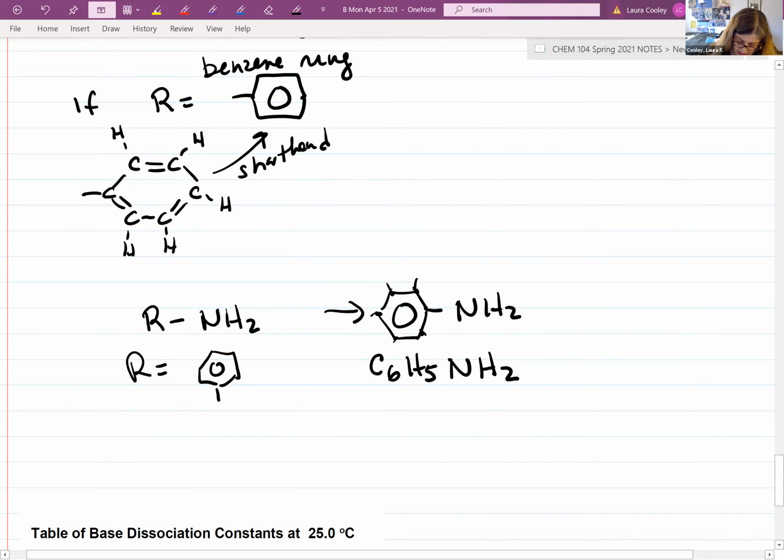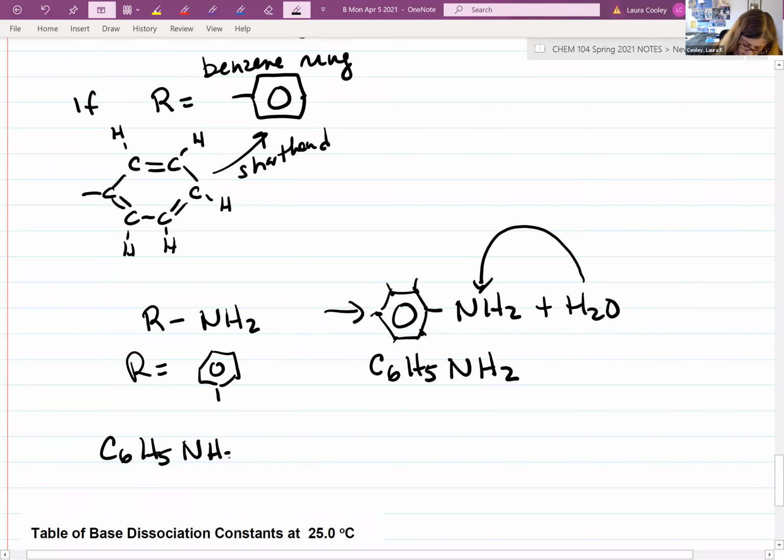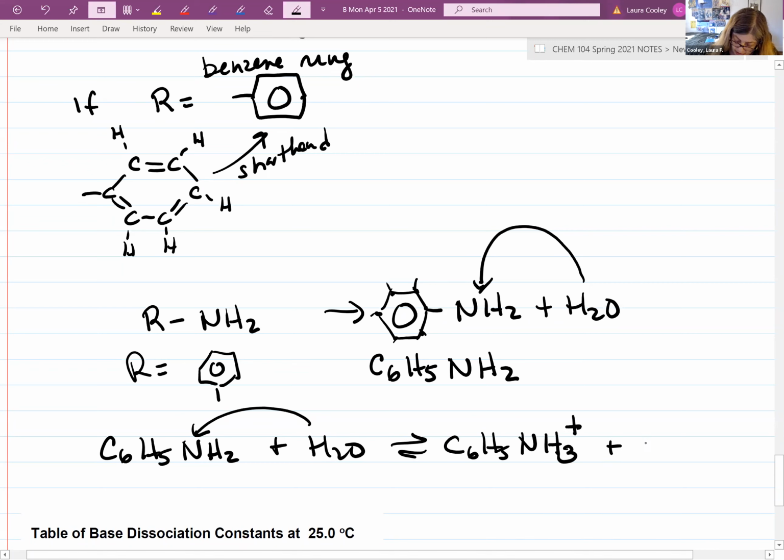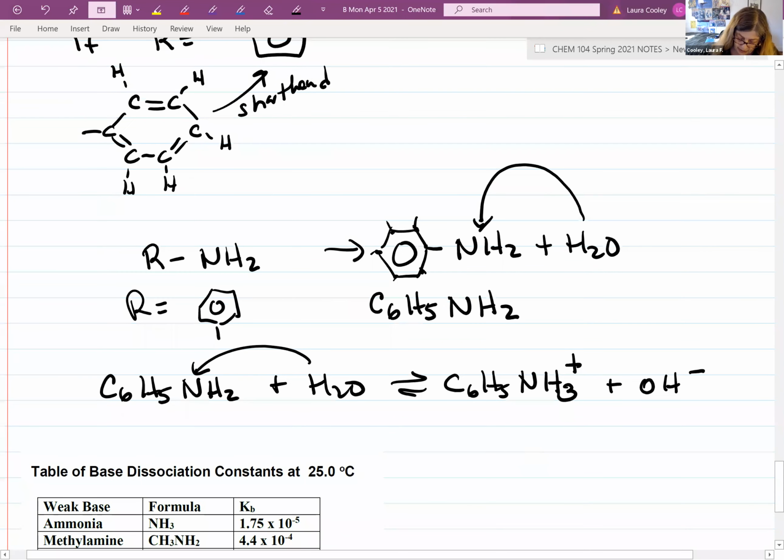C6H5NH2. If it reacts with water, it accepts a proton from water. It becomes C6H5NH3+. So we have C6H5NH2 plus water would give C6H5NH3+ OH-. Okay, and you might think this is called benzylamine, but it actually has its own name. It's called aniline.